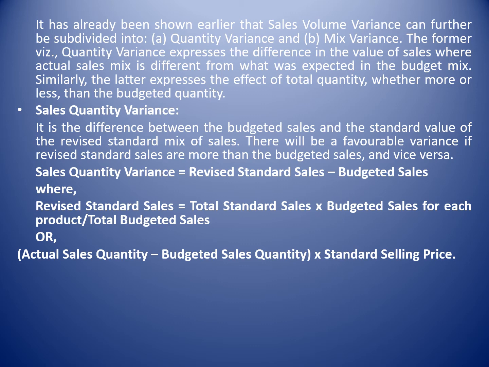Therefore, sales quantity variance equals revised standard sales minus budgeted sales, where revised standard sales means total standard sales into budgeted sales for each product, divided by total budgeted sales, or actual sales quantity minus budgeted sales quantity into standard selling price. Like this also we can calculate.